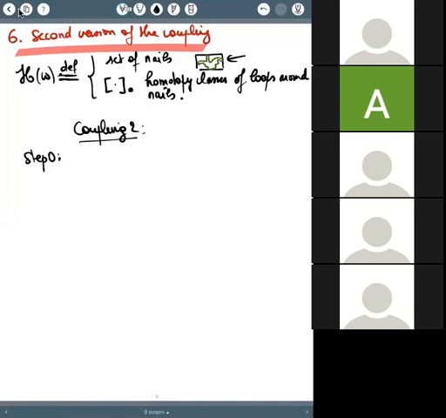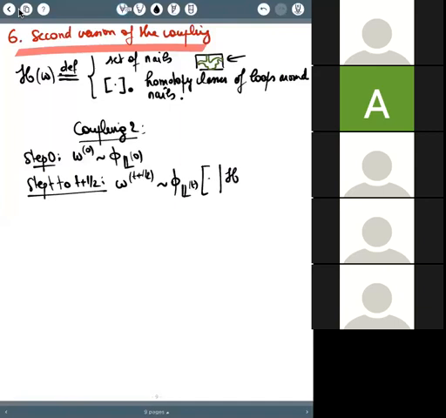So for step 0, you take omega 0 sampled according to phi L0. And from step t to t plus 1, I'm going to do the following. First, I'm going to do an intermediary step where I'm going to sample omega t plus 1/2 according to phi LT. So LT is just the graph you obtain by doing t transformations, okay? And I'm going to just resample according to the fact that h of omega t plus 1/2 is equal to h of omega t.